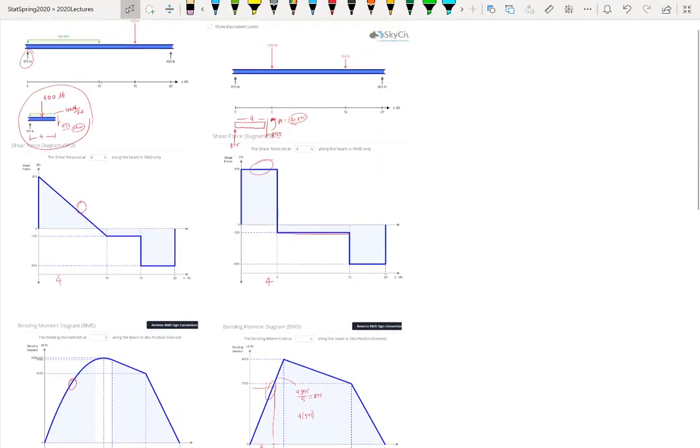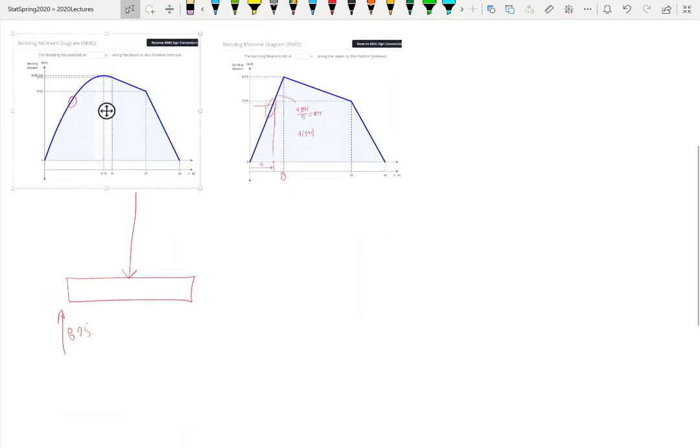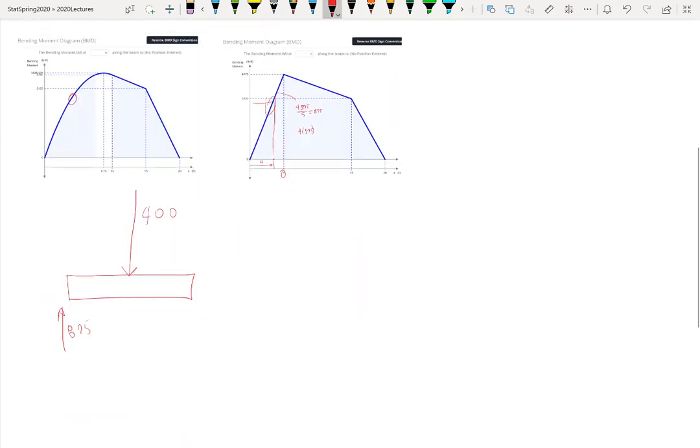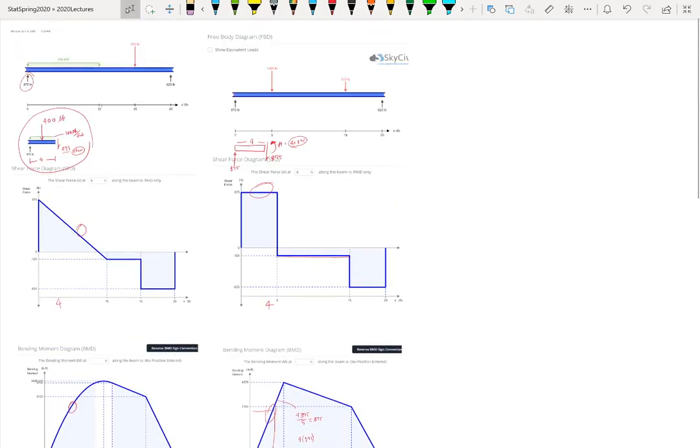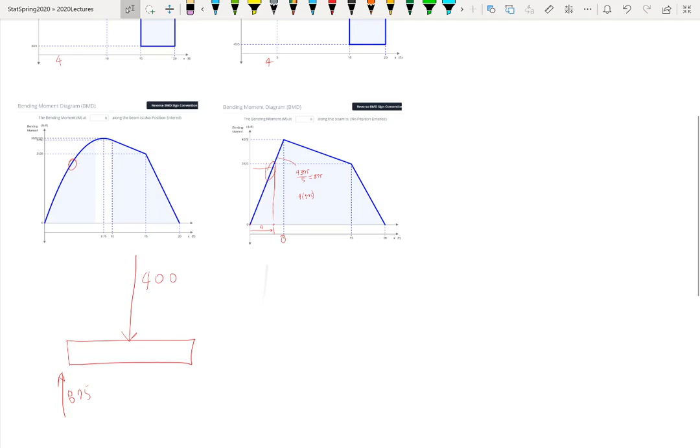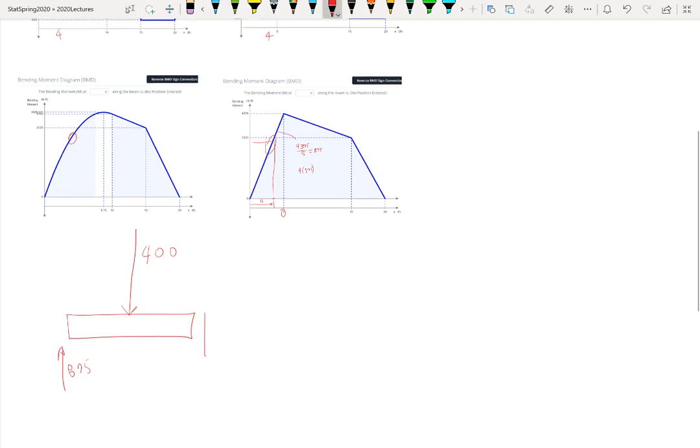And its value was 400. Gave us a shear of 475. However, what's the moment?